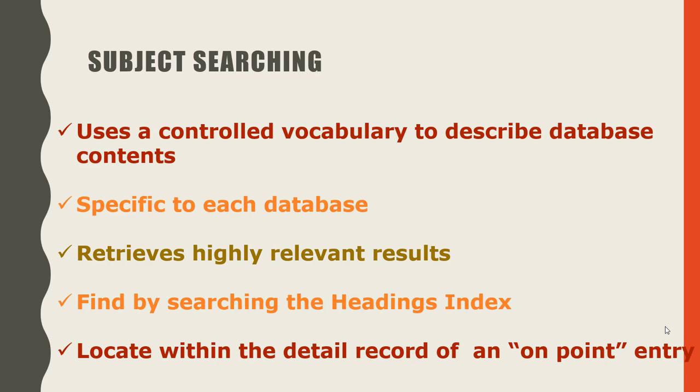But it can sometimes be difficult to determine which heading to use. You can search the heading index directly, and it goes by different names in different databases, but an easy way to find a subject heading would be to locate the subject heading within the detailed record of an on-point entry. So you find something you like and you want to find more like it, look to the subject headings used to describe that entry.